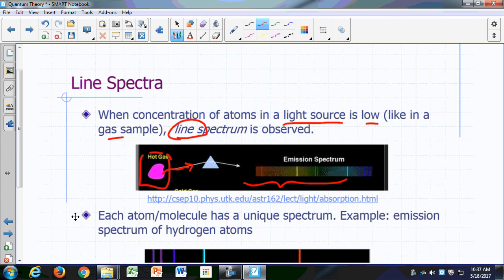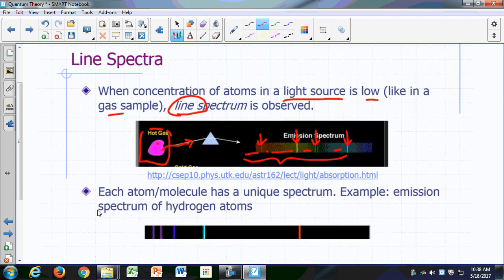So this particular emission spectrum from a source that has a low concentration of atoms is a line spectrum. You can see it's mostly dark areas with a few very bright lines in between. This is called the emission spectrum, or the line spectrum, of the atoms that are producing the light in your hot sample of gas.